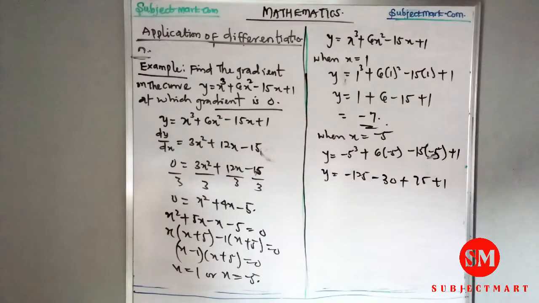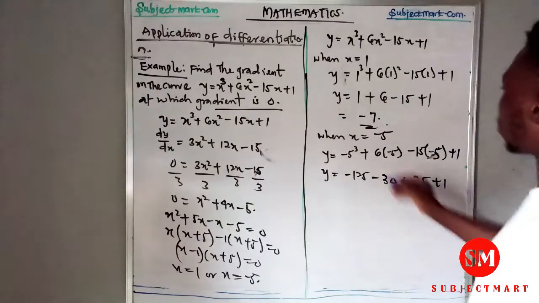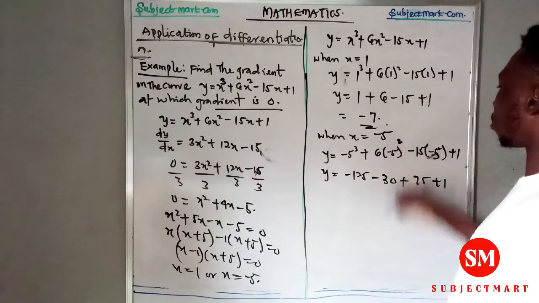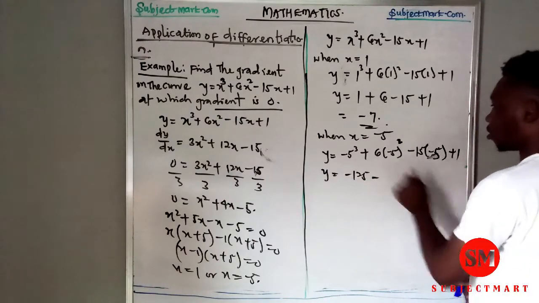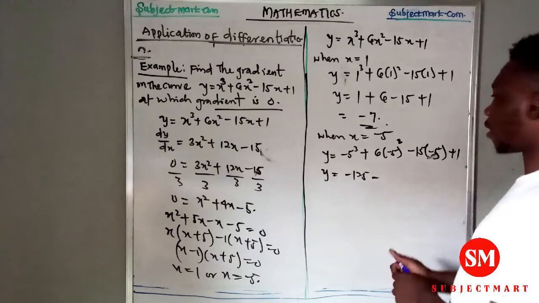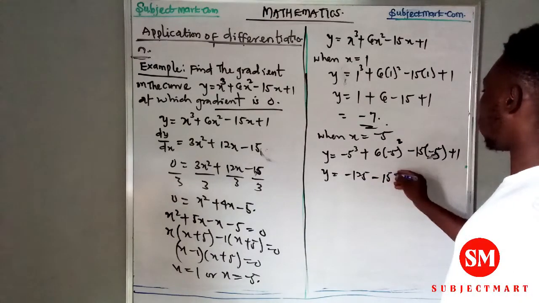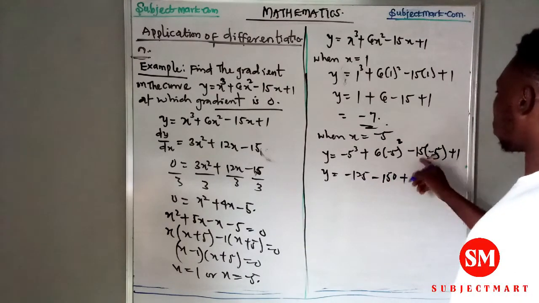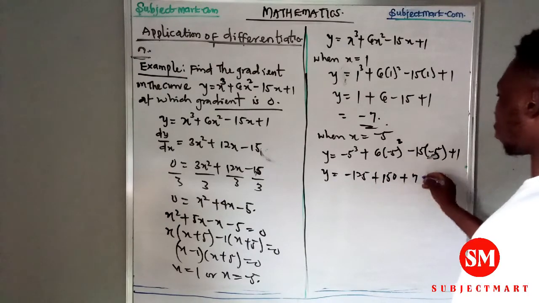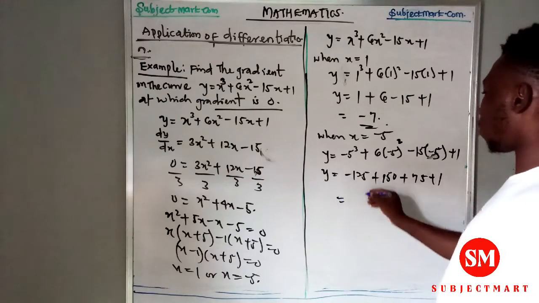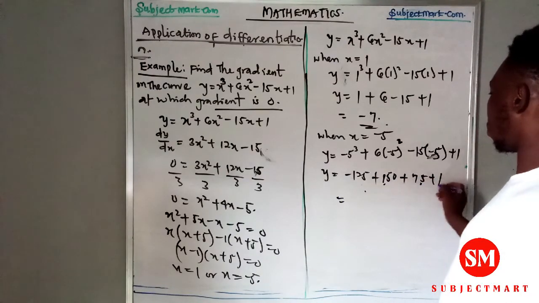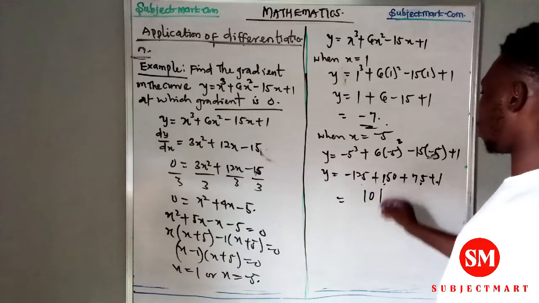Adding this up, I'd like us to pay attention to this, please. There's a square here, so minus 5 raised to power 2, that's 25. 25 times 6 gives us 150. Plus 75 plus 1. So adding everything here will give us 101.